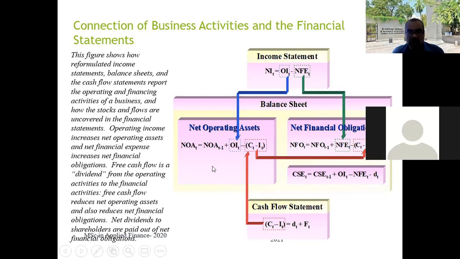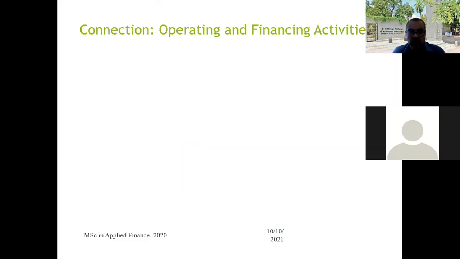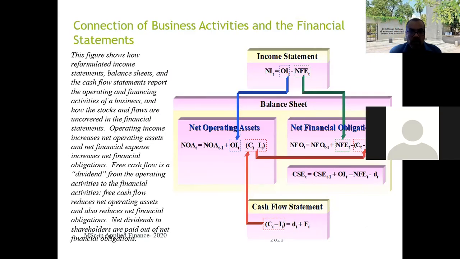that is the impact. This entire portion is the impact of change in net operating assets. So therefore, change in net operating assets should be added on to net operating assets at the beginning.